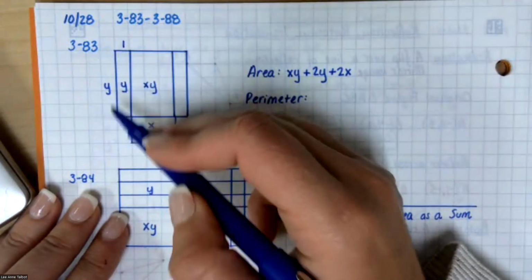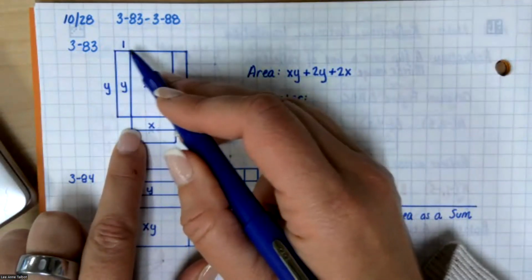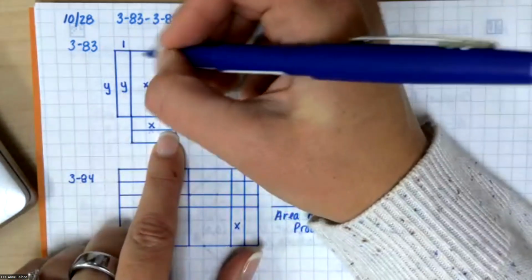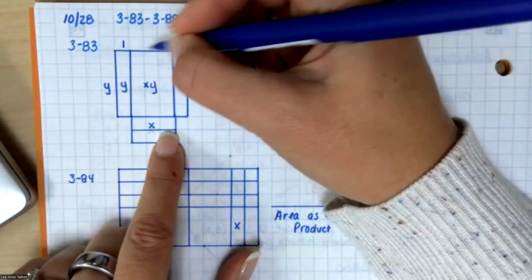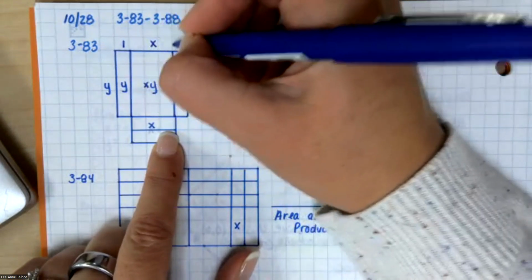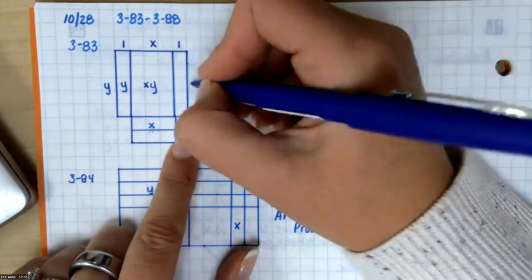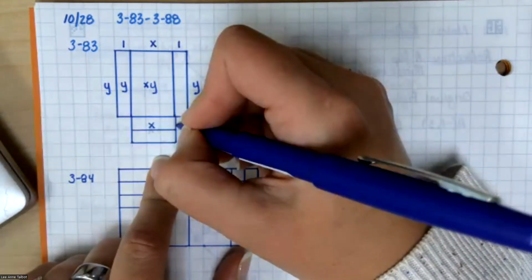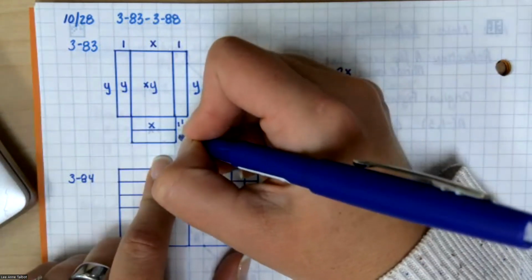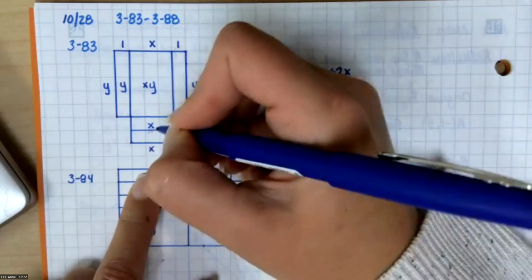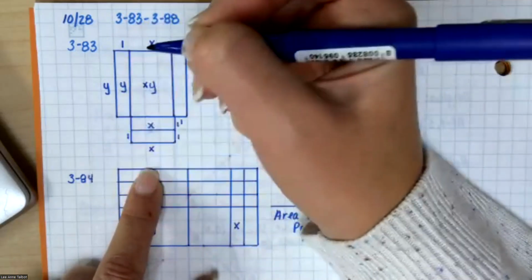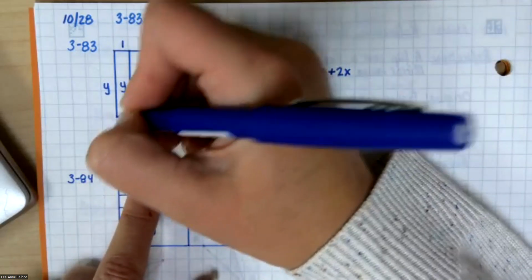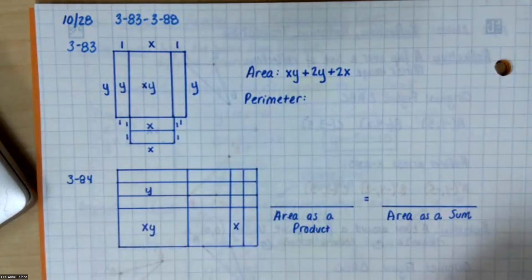So this side length is Y. This is 1. What's this side length here? X. I heard someone say it. This side length is 1. This one's also Y. This is 1, 1, 1, X, 1, 1, 1.